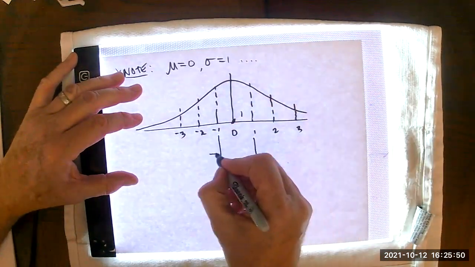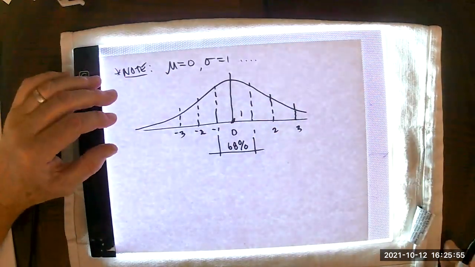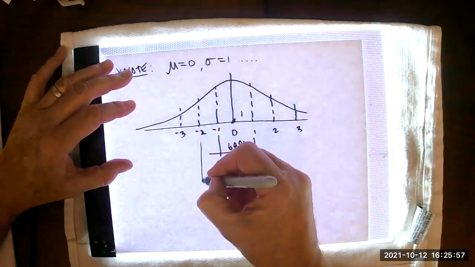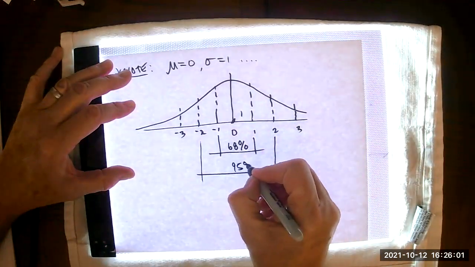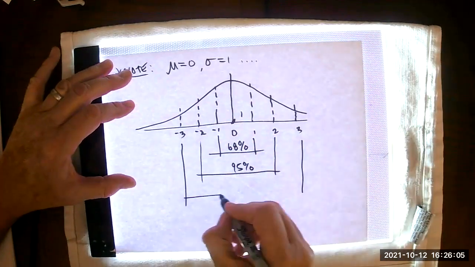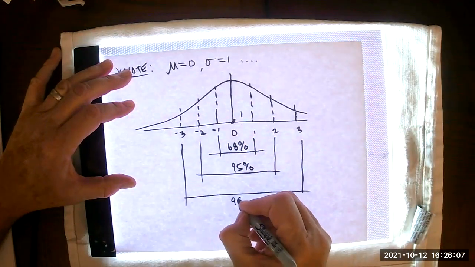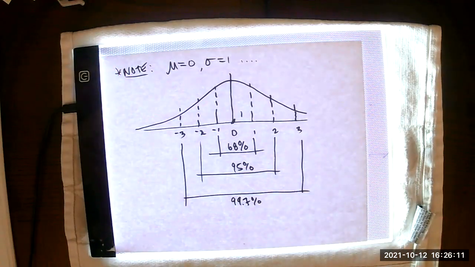So plus or minus 1 standard deviation, we get about 68% of all outcomes. Plus or minus 2 standard deviations, we get about 95% of all outcomes. Plus or minus 3 standard deviations, we get about 99.7% of all outcomes.